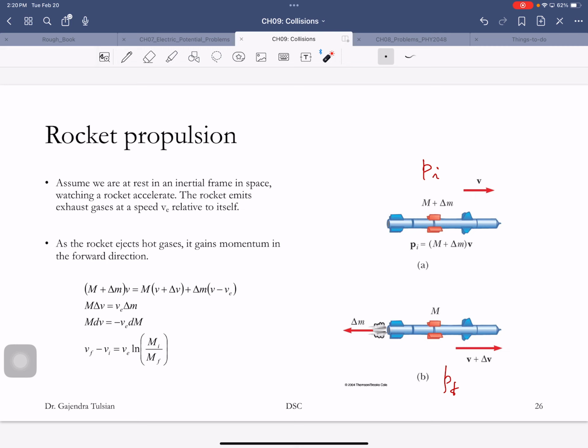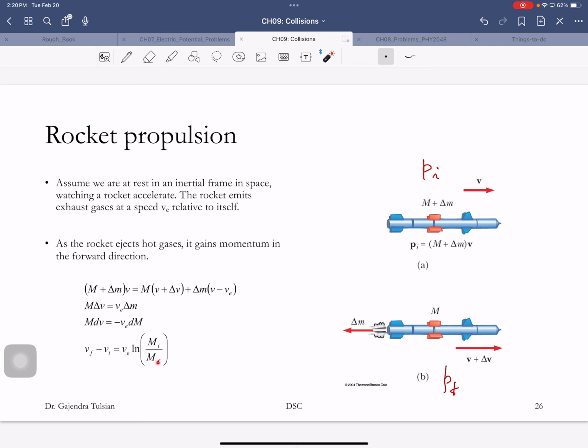And this is the velocity of this stuff in the lab frame. If you rearrange all of this, this is what you get. You rearrange all of that, you get this, and then you integrate that, and this is what you get. In deep space, this is the final velocity of the rocket, this is the initial velocity of the rocket, this is the exhaust velocity, times the natural log of the initial mass of the rocket divided by the final mass.